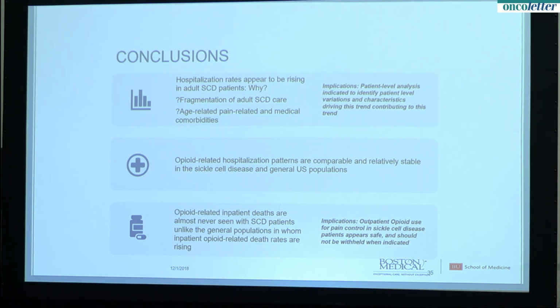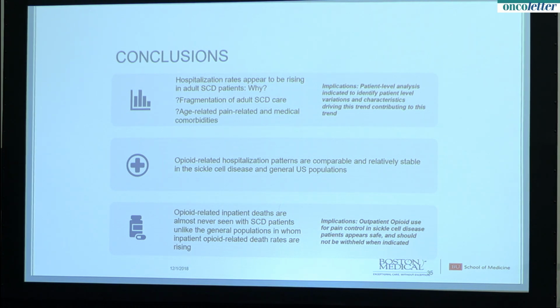Then we also found out that opioid-related hospitalizations are stable in the sickle cell disease population compared with the US general population. And finally, we found out that opioid-related deaths in the inpatient setting are almost never seen with sickle cell disease patients, unlike the general population in whom we've seen a steep rise in opioid-related deaths in the inpatient setting.